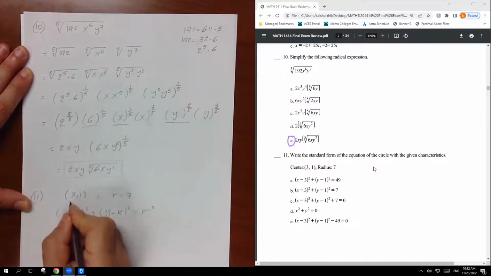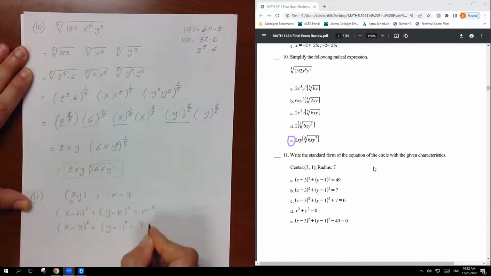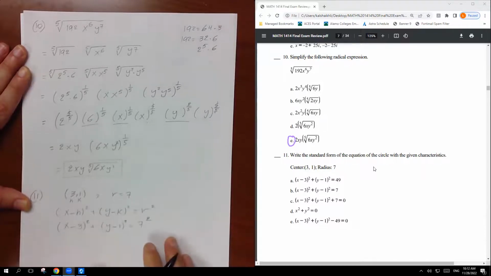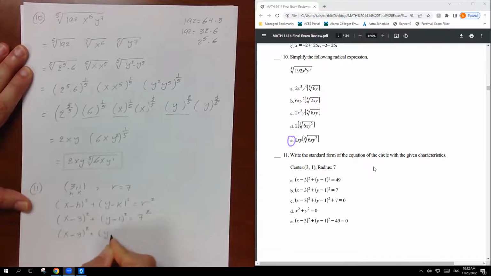So this is h, and here is k. So it will be x minus 3 squared plus y minus 1 squared equal 7 squared. That means it's going to be x minus 3 squared plus y minus 1 squared equal 49.